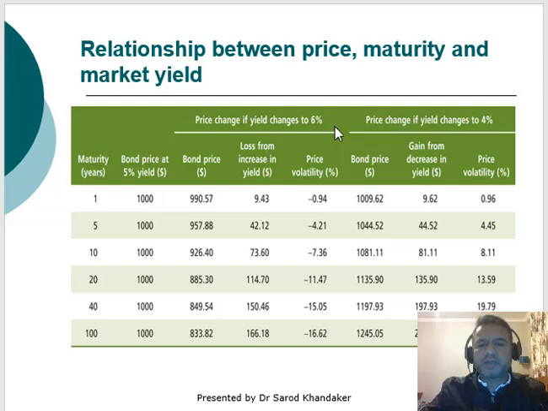So if in the market the yield changed to 6%, the bond price will decline. It has dropped to $990.57. Loss from the increase in yield is $9.43. So 1000 minus 990.57 is 9.43, and the price volatility is negative 0.94%.